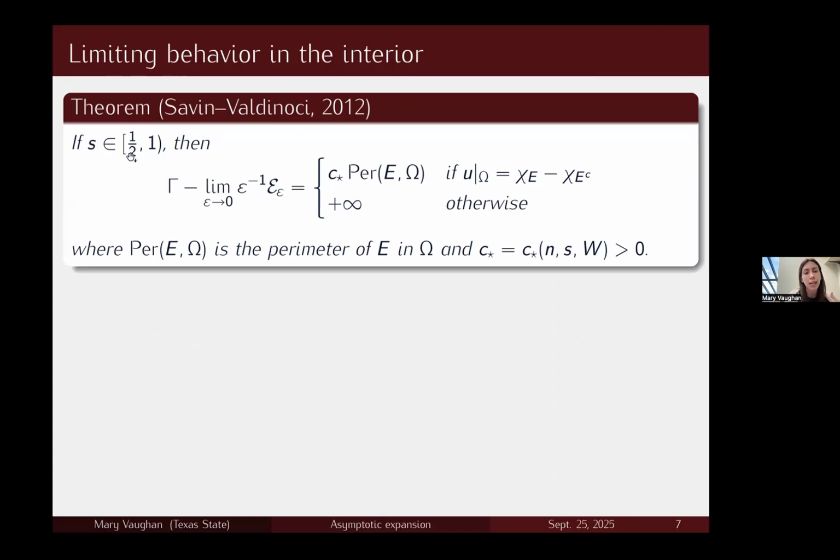They prove when s is bigger than or equal to 1/2, the non-local energy, when you divide by epsilon, converges to the classical perimeter functional. So you have this non-local energy that localizes in the limit. Here u in Omega is equal to 1 in the set E and -1 in the complement. So this is again the perimeter of the set where u is equal to 1, up to a constant that depends on dimension, s and the potential.